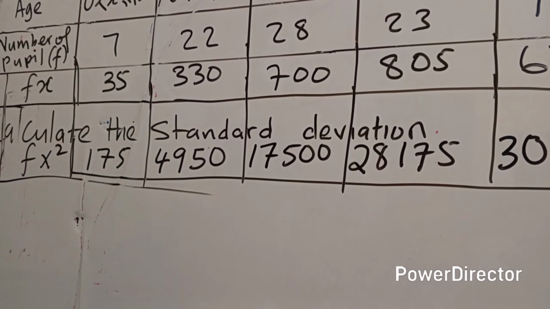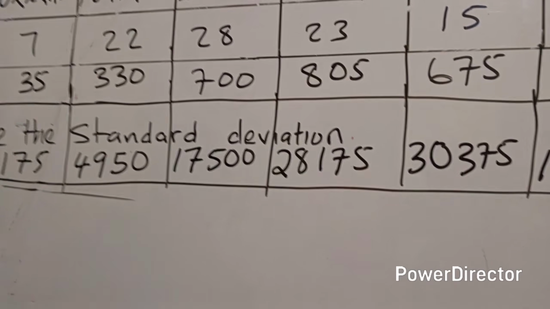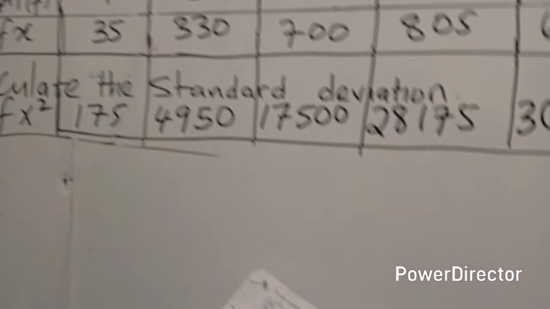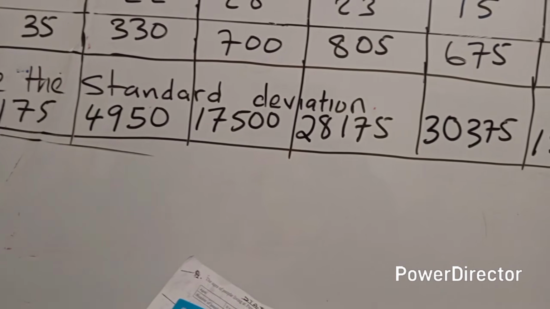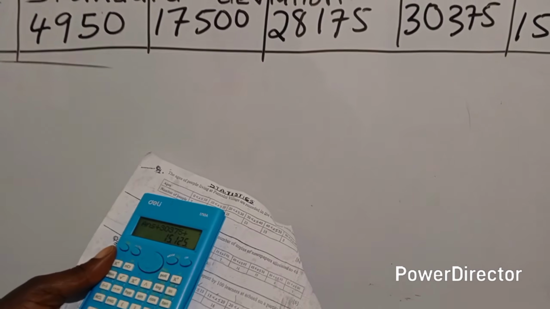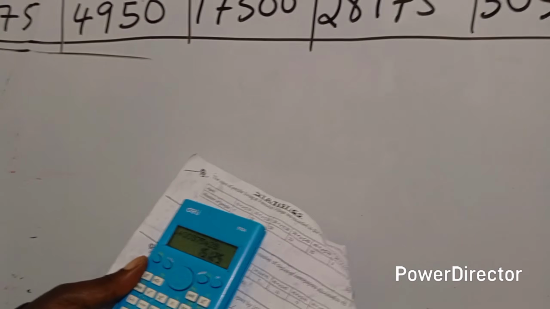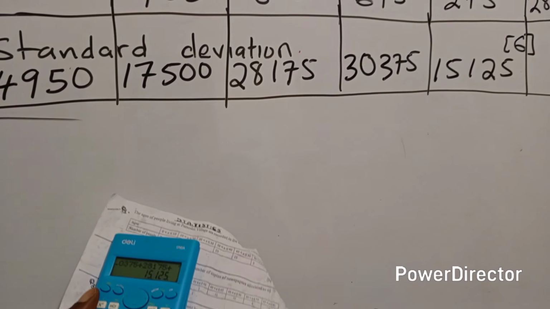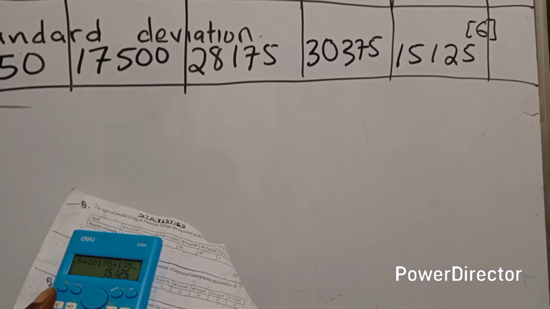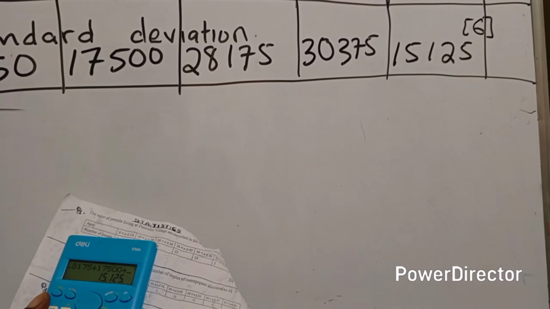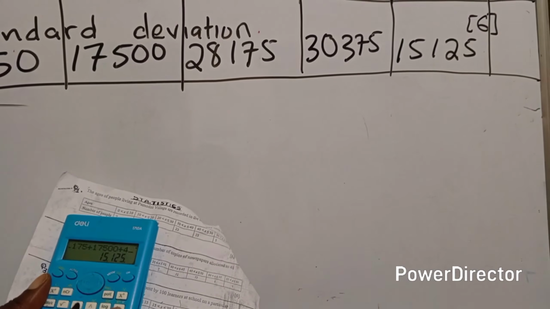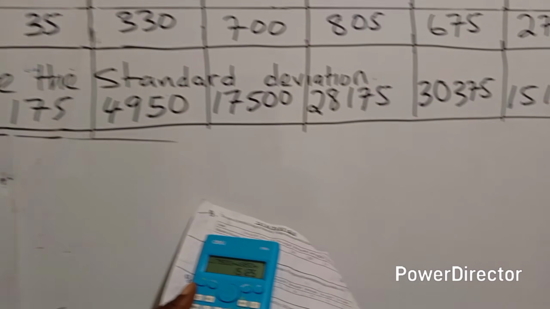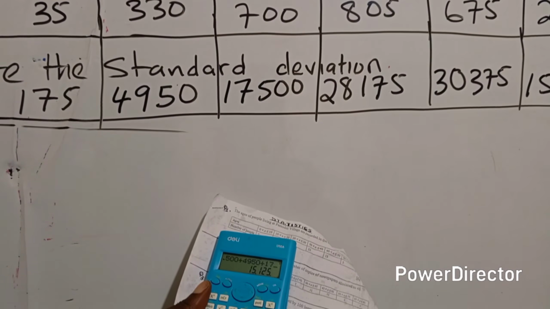What do you do now? You add these things. You say, okay, let me now add 30,375 plus 28,175 plus 17,500 plus, you agree with me that 4,950 plus 175.